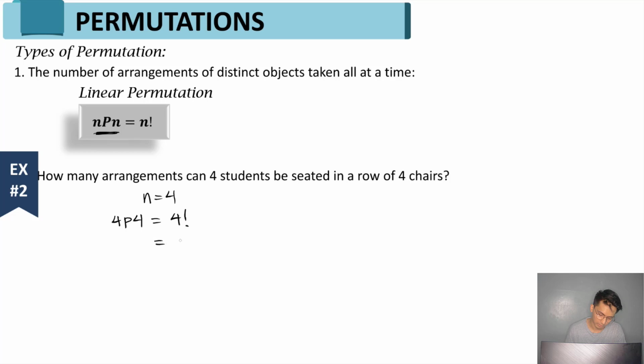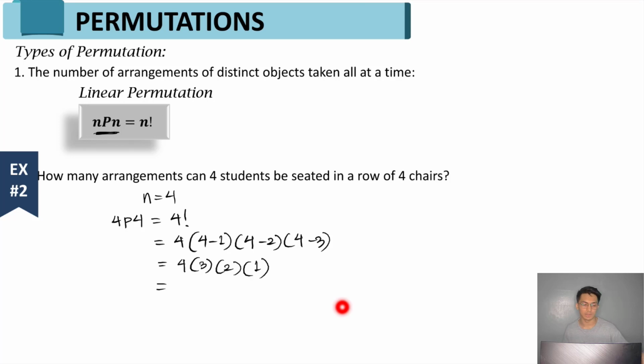So, solving, we have 4 times 4 minus 1, 4 minus 2, 4 minus 3. Hindi na pwedeng ilagay na 4 minus 4 kasi 0 na yun. Hanggang dyan lang siya. So, this is 4 times 3 times 2 times 1. Pwede rin kung i-direct natin as 4 factorial sa scientific calculator natin, makukuha na agad natin yung sagot.